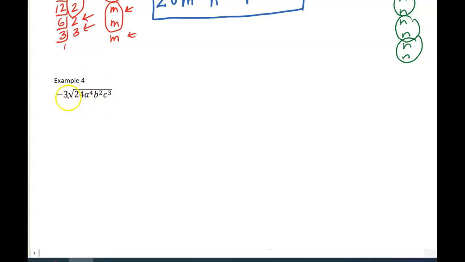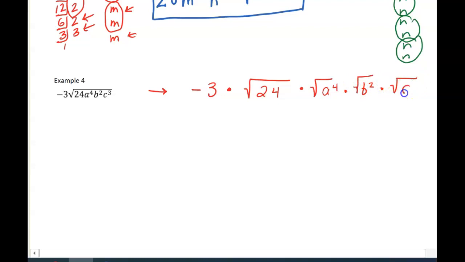All right, let's look at this. If I break this apart, this is the same thing as -3 times the square root of 24 times the square root of a to the fourth times the square root of b squared times the square root of c cubed.